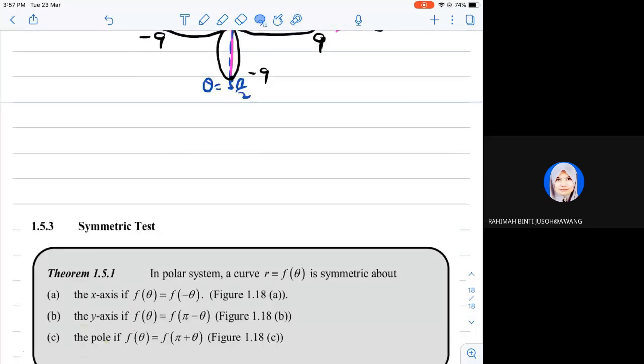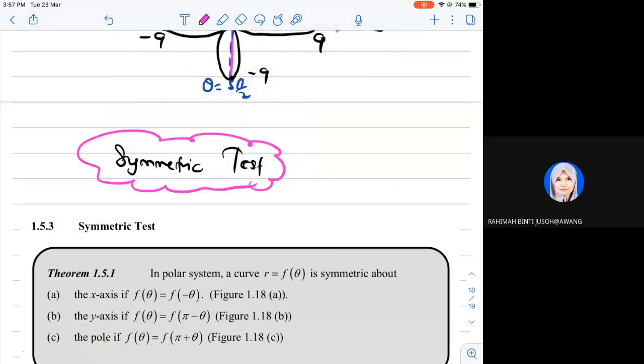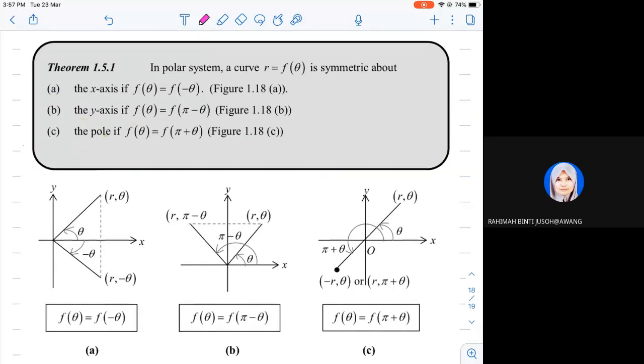Ini topik terakhir untuk subtopik 1.5 ni, symmetric test. Kita ada 3 jenis symmetric test: with respect to x-axis, with respect to y-axis, and then with respect to the pole.